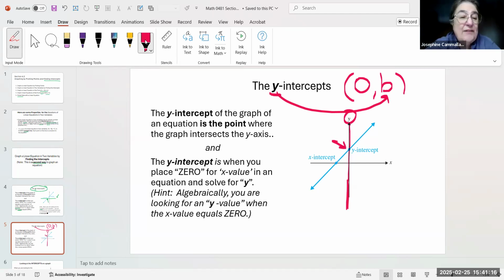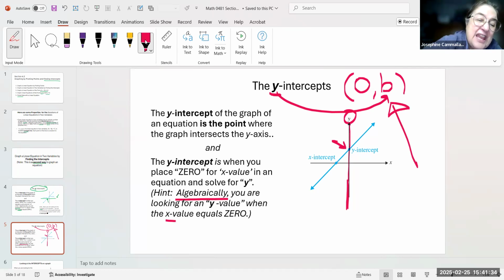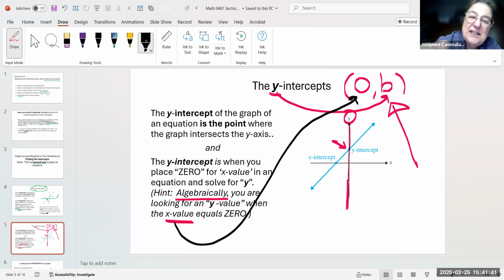So if I have an x-intercept and I have a y-intercept, I have 2 points. I connect them. But here's the other thing. Algebraically, when you want a y-intercept, because of this symbol, the x value is 0. The x value is 0.